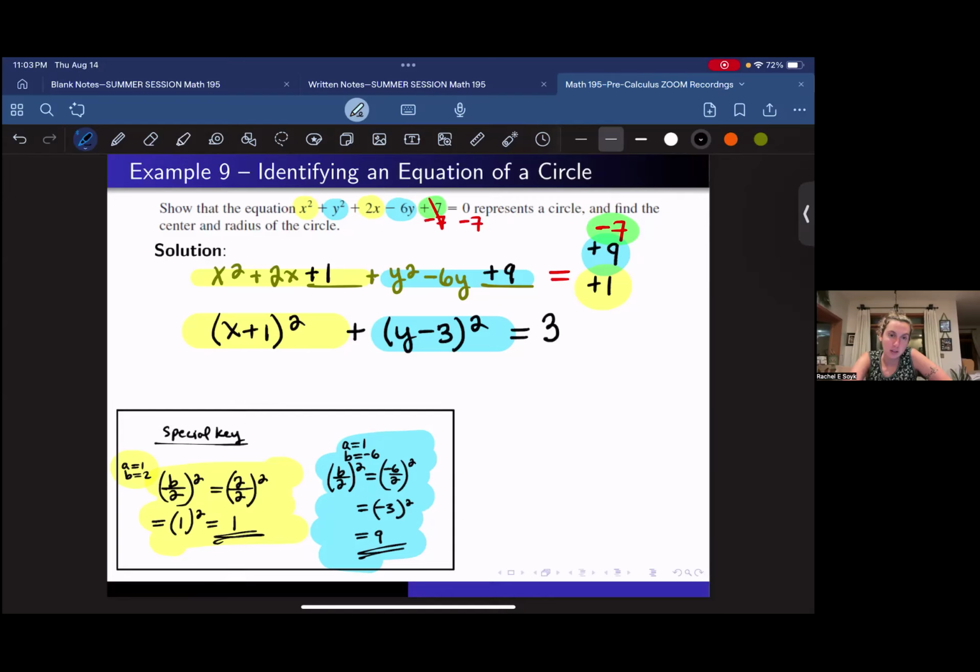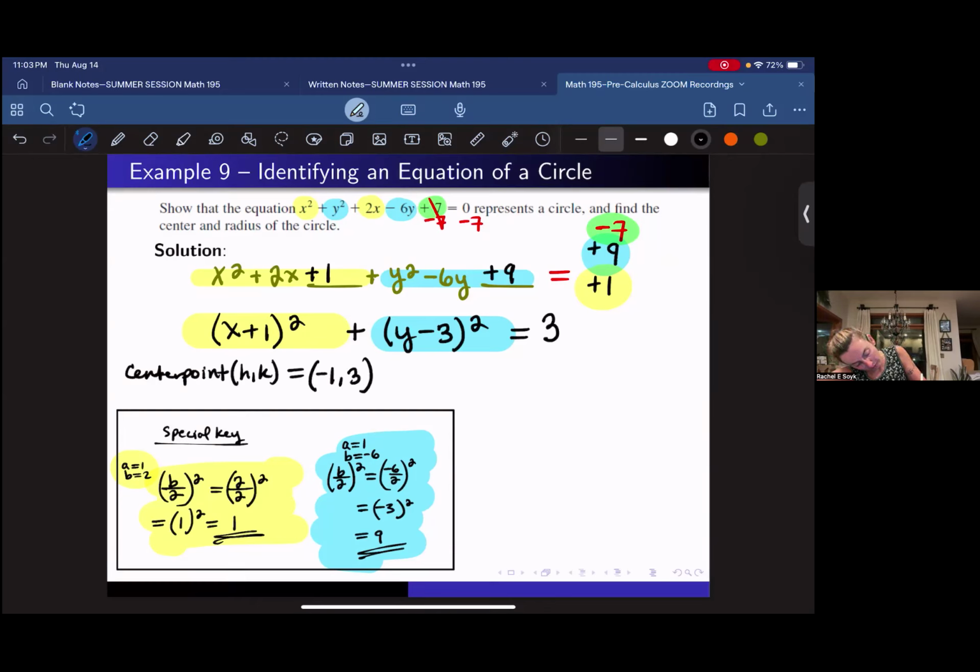And there we have it. Our equation is now in our standard form. And so we can easily identify our center point, which is our h comma k, is just equal to negative 1 comma 3.